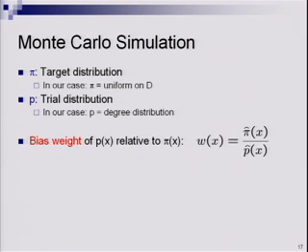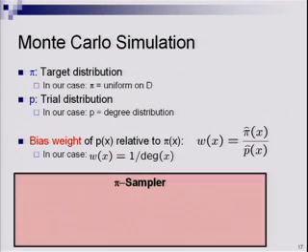You'll understand in a second what they mean. And I'll show you that in our case, we can compute these bias weights. In fact, the bias weight of a document X will be just 1 over the degree of that document. And I already mentioned that we know how to compute degrees. Therefore, we can also compute bias weights.